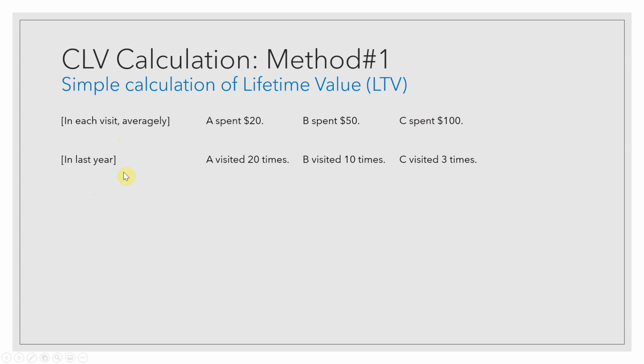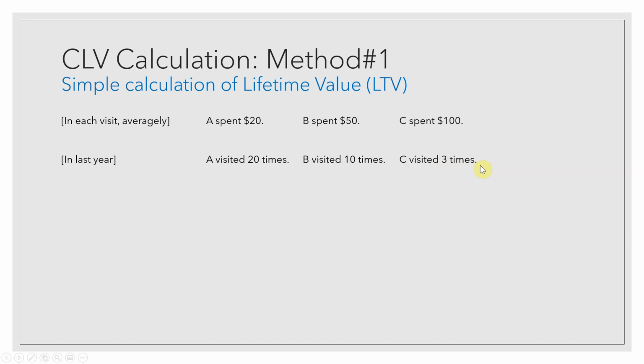So I considered the last year, the frequency of visits they made. So last year, A visited 20 times, B visited 10 times, and C visited only 3 times.